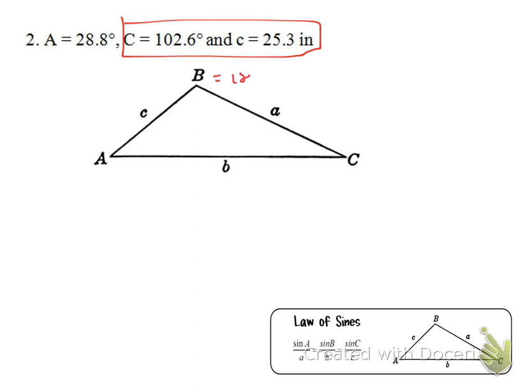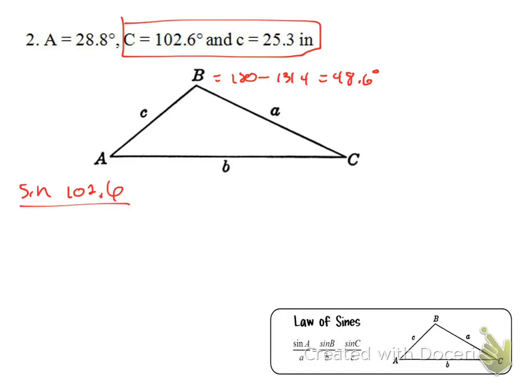Just take 180 minus, and then add up angle A and angle C, and subtract those. And you get 48.6 degrees.